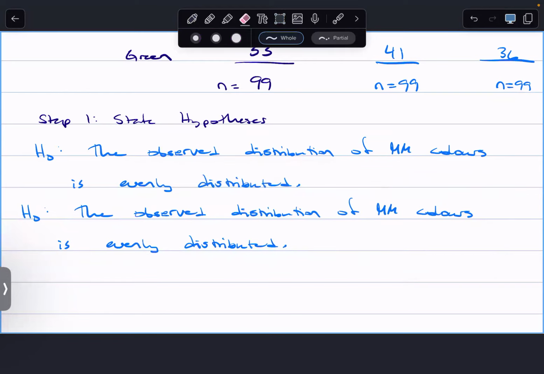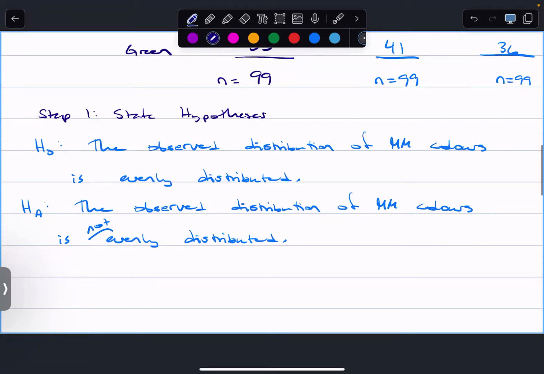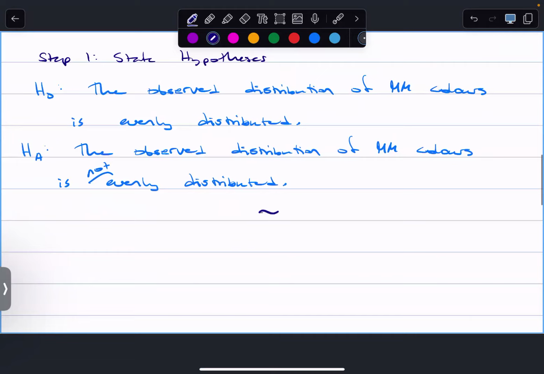We said, all right, our alternative hypothesis is just going to be the negation of the null hypothesis. So the observed distribution of M&M colors is not evenly distributed. And that's all we'll be able to conclude from this chi-squared test. Okay, and then it's kind of where we ended.